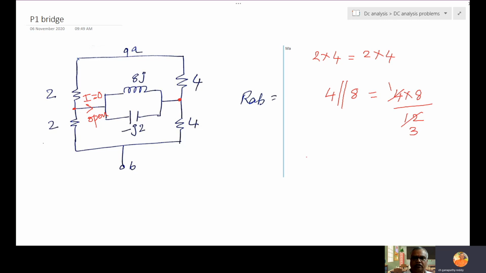So what is the answer? RAB is 8 by 3 ohms. This is the simple idea. If you get this idea, you will get the answer fast. That is the problem.